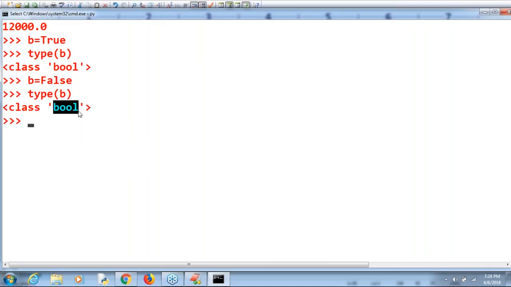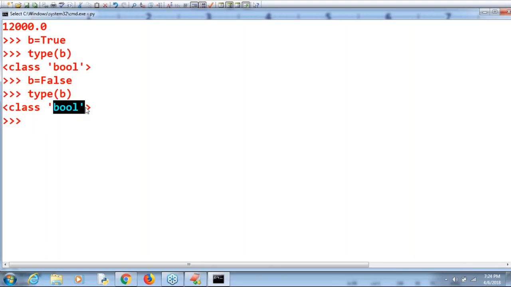While representing we use bool, but while pronouncing we use the full word Boolean. Internally, True and False are represented as 1 and 0.